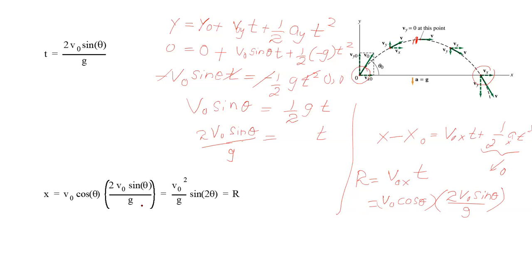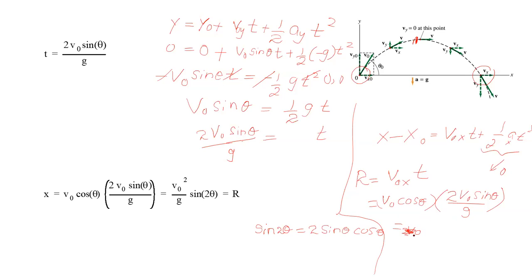Okay, you can leave it as it is, or I can use some trig relationship. sine 2 theta is equal to 2 sine theta cosine theta. If we use this one, we have here v naught, I have 2. I rearrange this one.